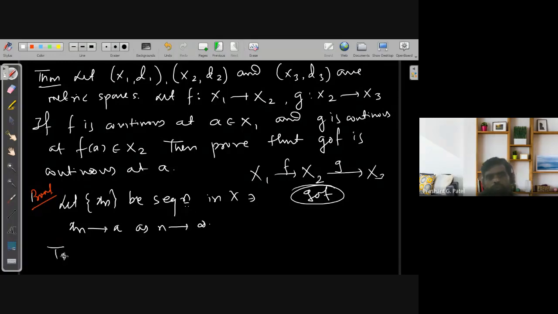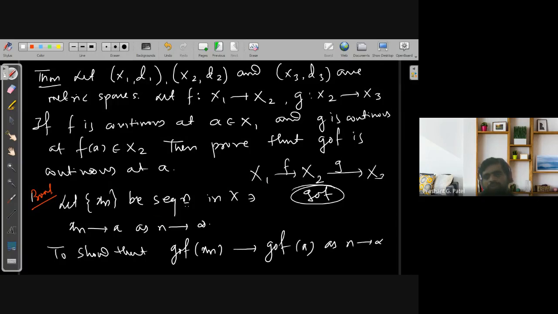What to show? That is, g o f of xn converges to g o f of a as n tends to infinity. This is our objective.